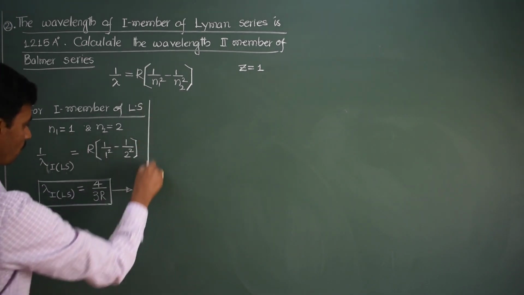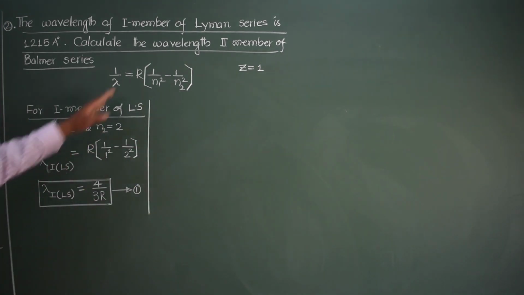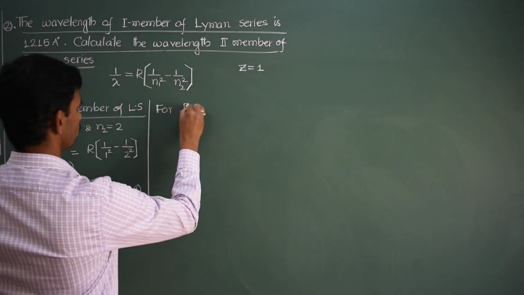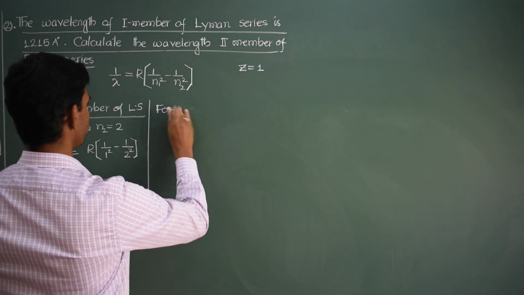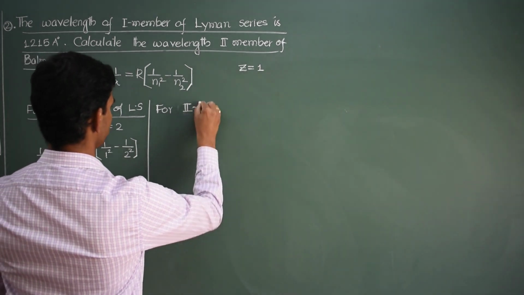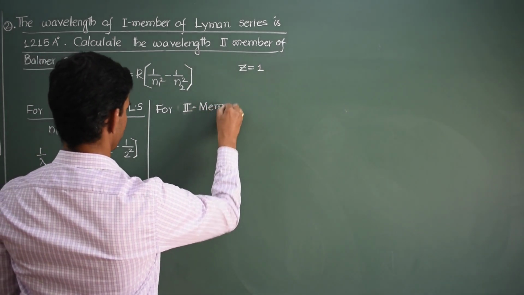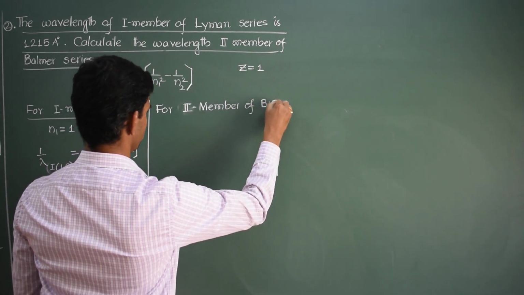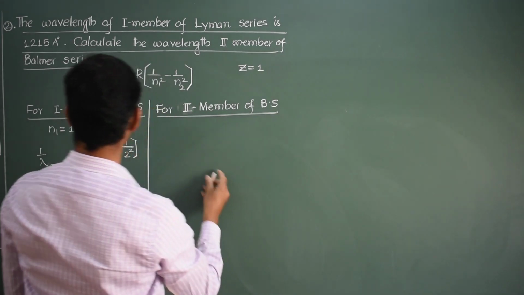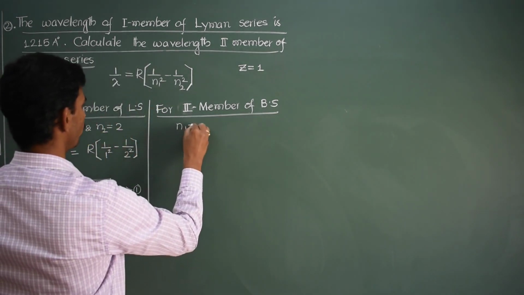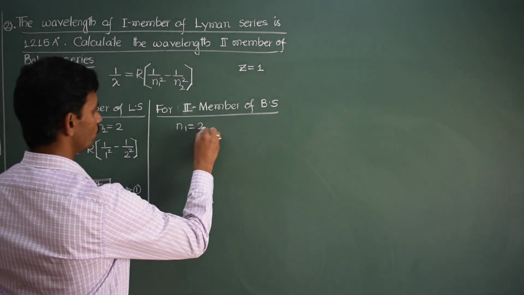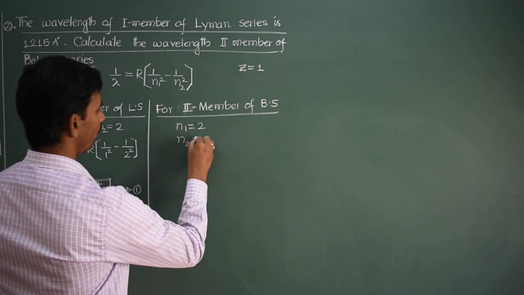Similarly, write one more equation for the unknown wavelength, that is the second member of the Balmer series. For the second member of the Balmer series, since it is the Balmer series, n1 would take a value 2, and now you have to think carefully.